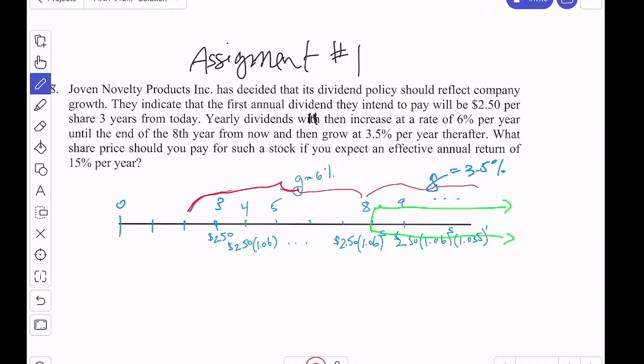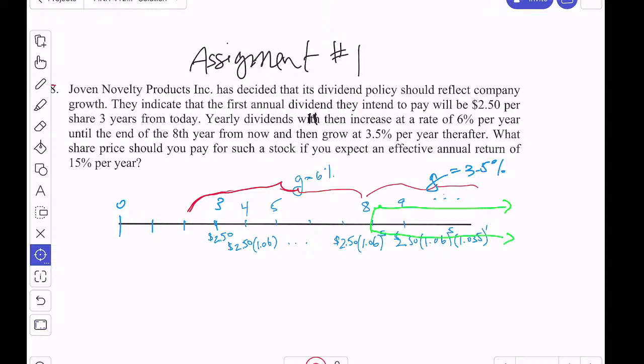Remember, I'm starting here because it has to be one period before the first one. Now this would be the first cash flow, and the next one would be the growth. So I have to write that one in too, don't I?